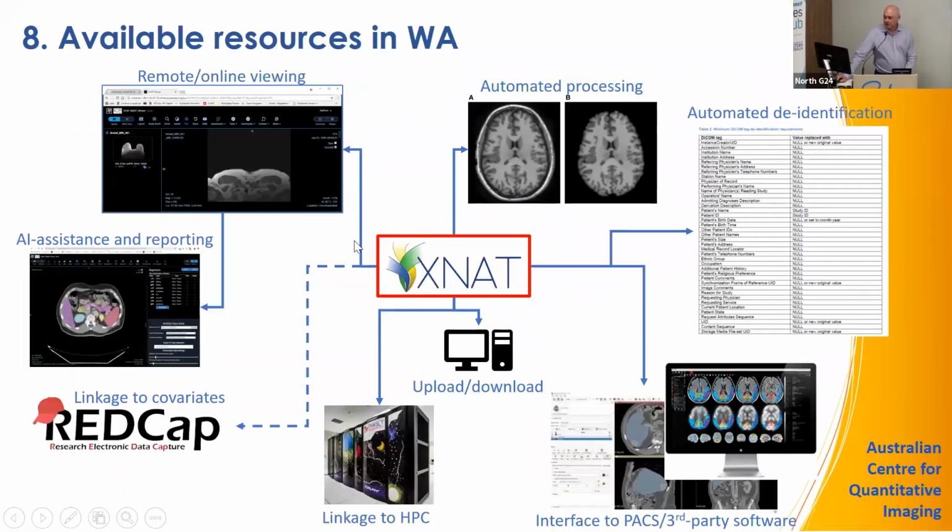And then we can link that imaging data to various different mechanisms for processing it. So we have tools for remotely viewing it, so trial investigators can review the images. That's linked to AI-assisted tools using a product from NVIDIA called Clara that lets you do auto-segmentation, for example. We can run image processing pipelines on those. If you have a bespoke image processing pipeline, we can containerize it and it gets deployed onto XNAT and can be run on that data.